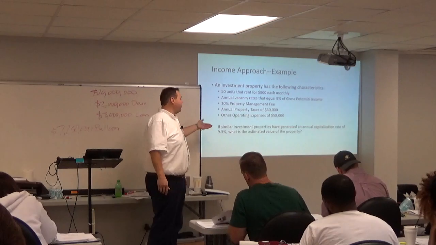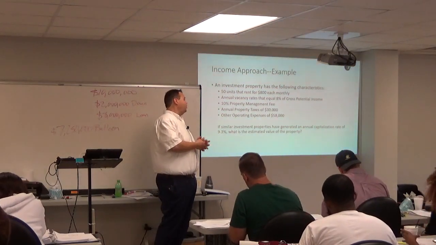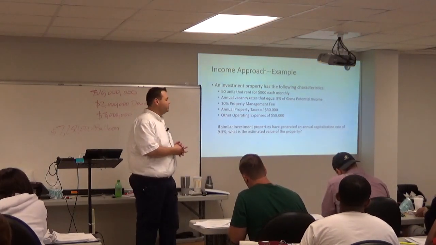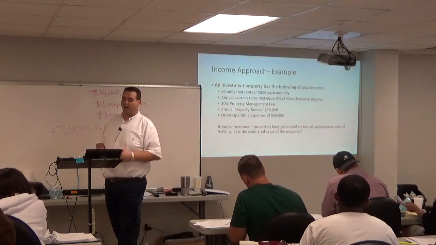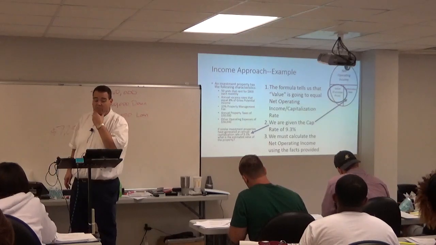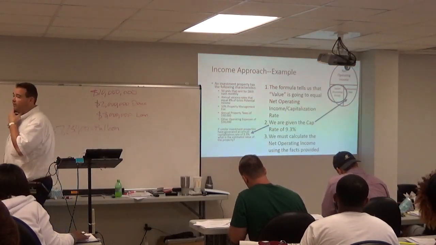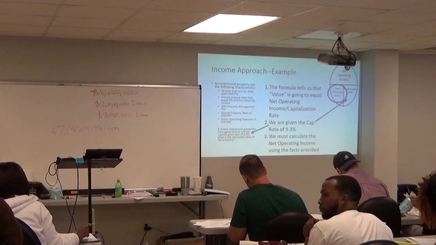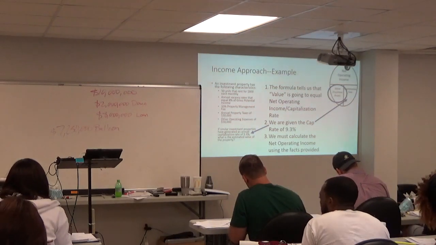Because what they've said is that similar investment properties have generated an annual capitalization rate of 9.3%. What's the estimate of value of the property? Well, if you look at the formula, it says the value is going to be the NOI divided by the what? By the capitalization rate.